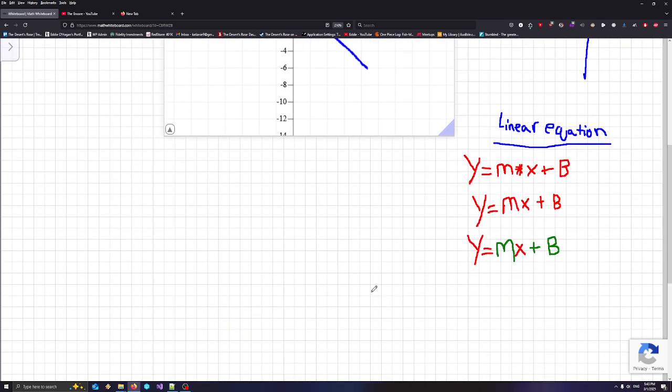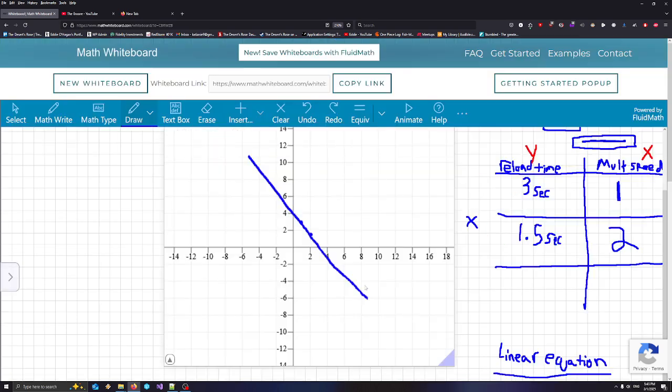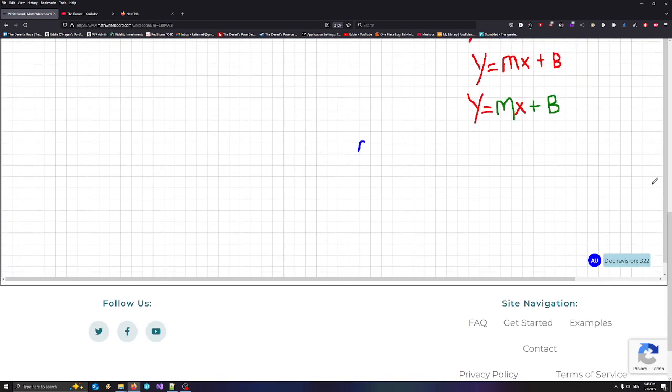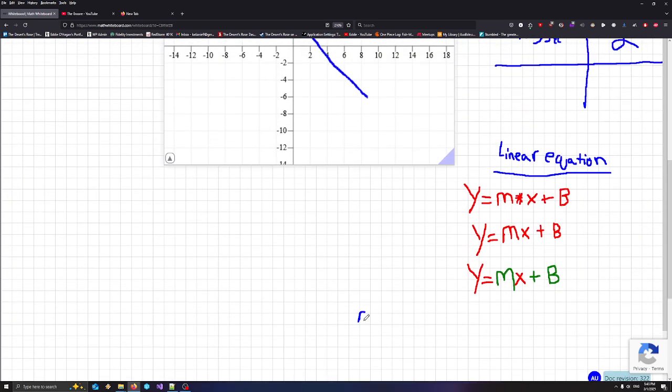We have reload time is equal to the slope, which is m for now.